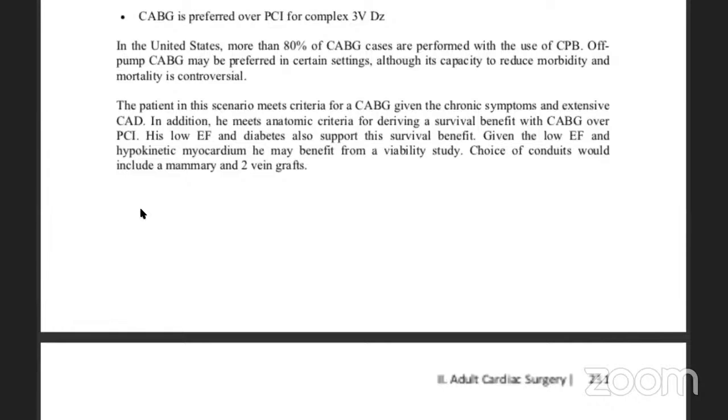TEE is not only for valve evaluation. It can help you assess the volume status, the myocardial wall function, contractility, in case you have a problem with one of your anastomoses. It is helpful.